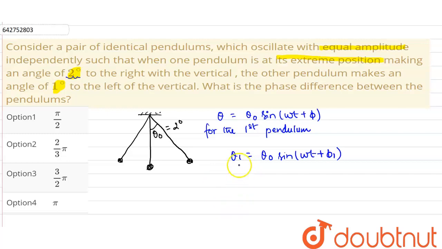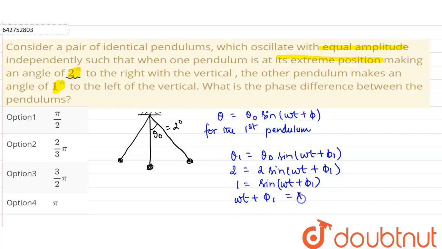Now the first pendulum is at an angle of 2 degree to the right of the vertical, so it will be 2 equals theta naught, which is 2, sine omega t plus phi 1. So it will be 1 equals sine omega t plus phi 1. So from here omega t plus phi 1 comes out to be pi by 2. Let us suppose this is our equation number 1.